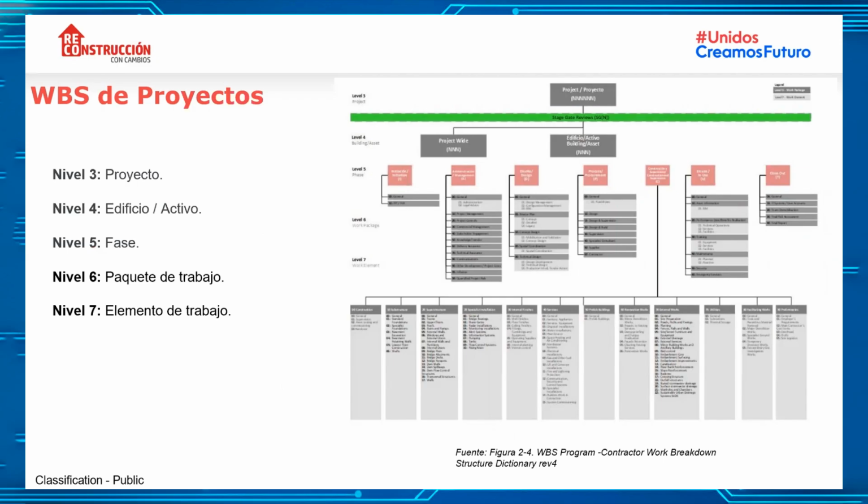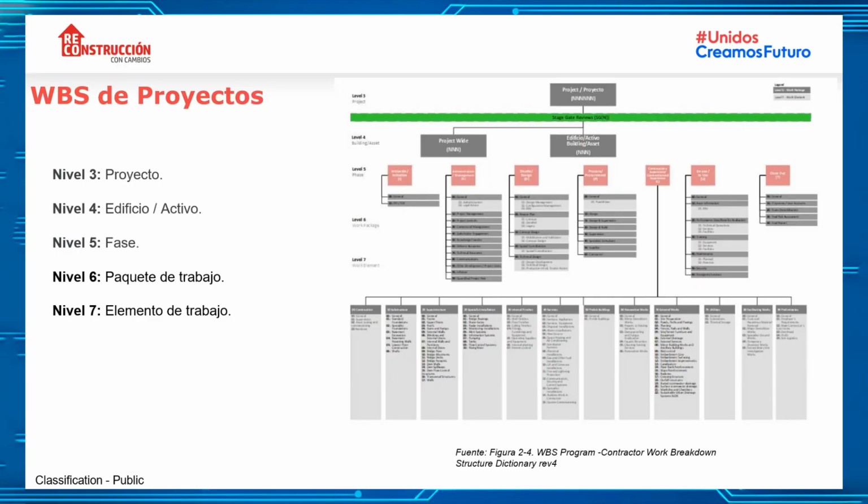And the next one is the WBS of the projects, which starts in level 3 up to level 7. Level 3 defines the project within each function or work stream. Here we can add or remove projects according to the behavior of the program stage in the portfolio.